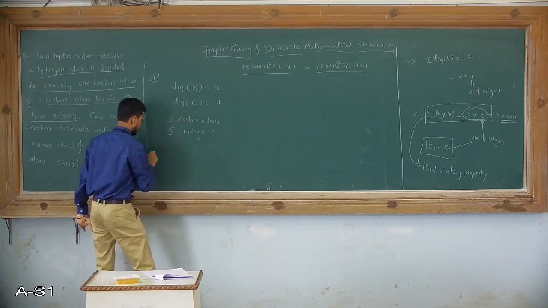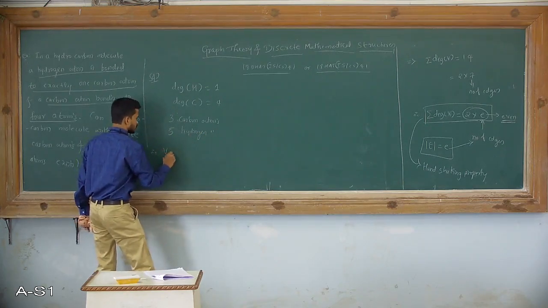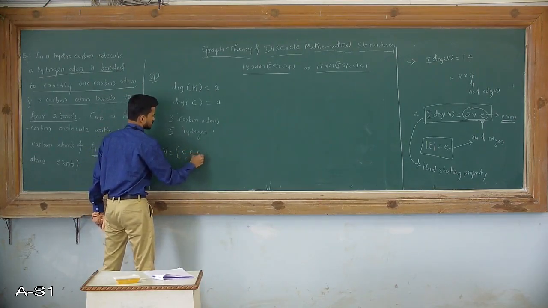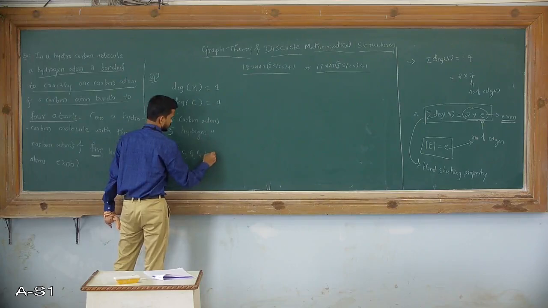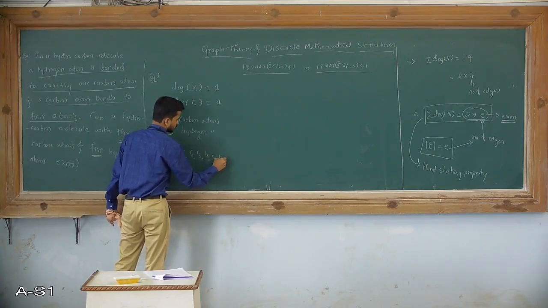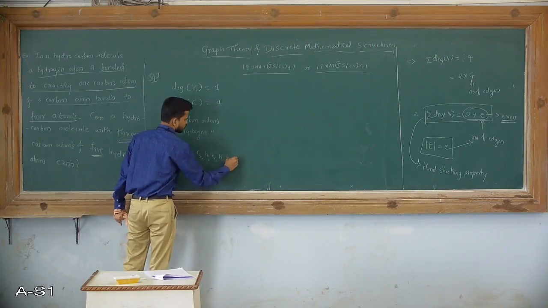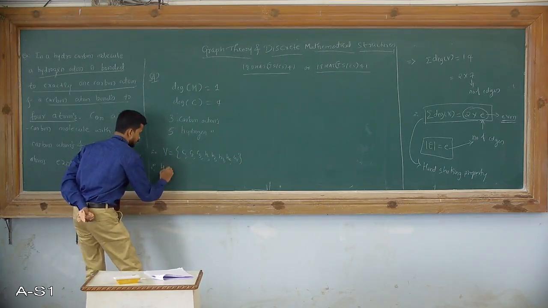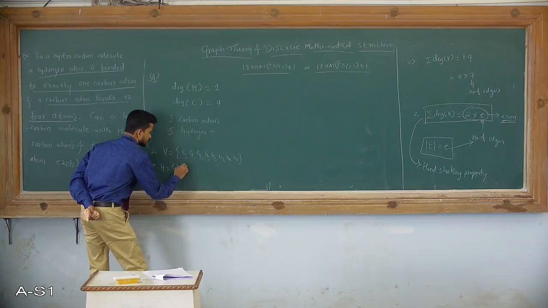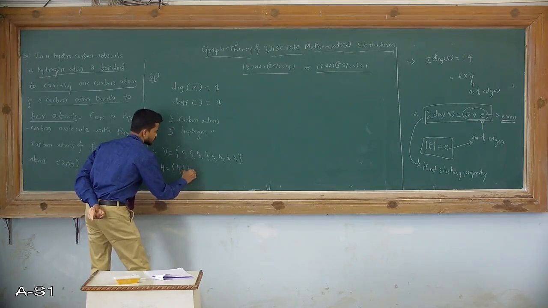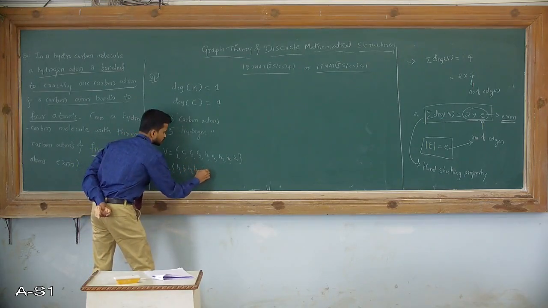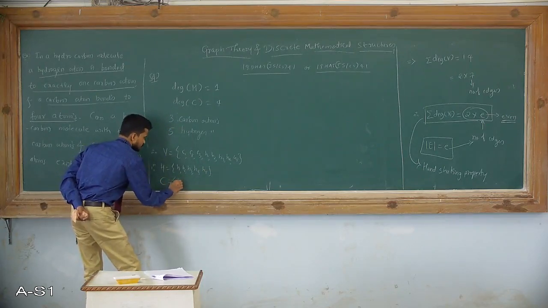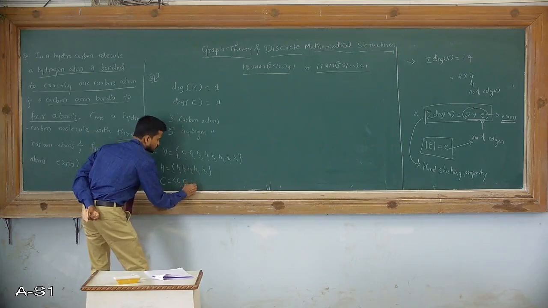So the vertex set V is represented as C1, C2, C3, H1, H2, H3, H4, H5. That is, capital H takes only the hydrogen atoms, H1 to H5, and capital C takes only the carbon atoms, C1, C2, C3.